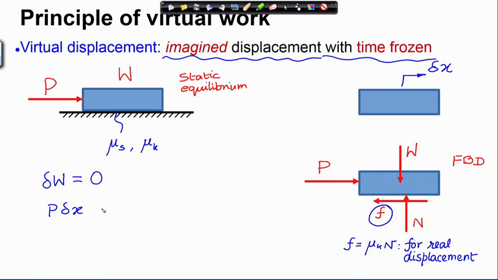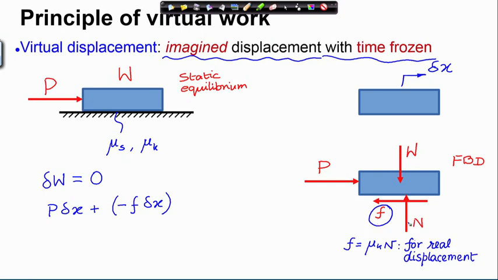The virtual work done by F is minus F times delta x, the reason being that F and delta x are in opposition. Delta x is to the right, but F is to the left.